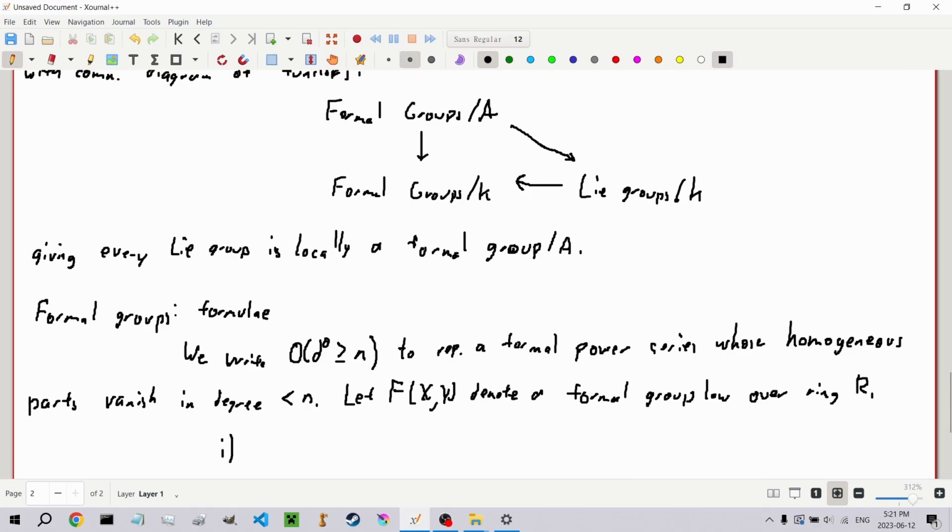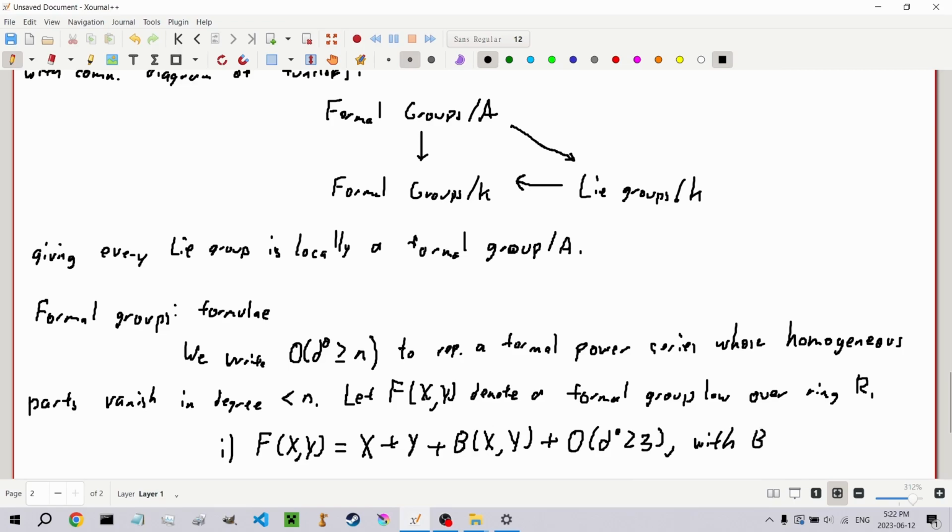First off, f of x plus y must be equal to, we know we have to have x plus y, and then we're going to write a bilinear form of x and y, which is going to be our second order terms, and then our higher order terms we're going to write as, of course, O of degree at least 3. With b, of course, being a bilinear form.